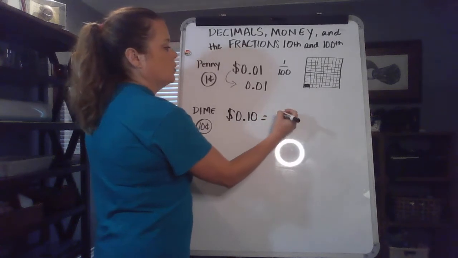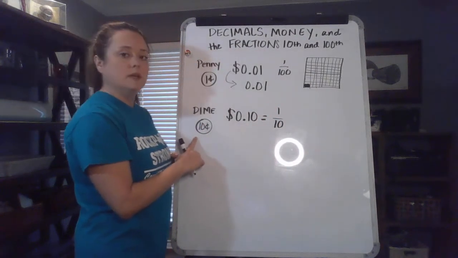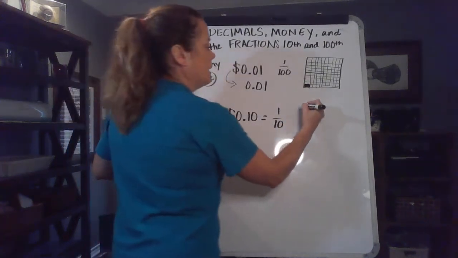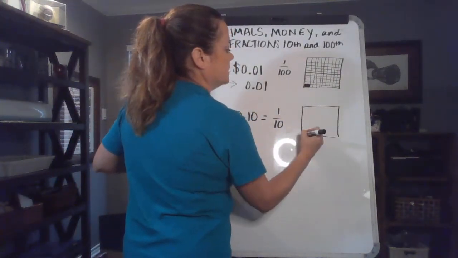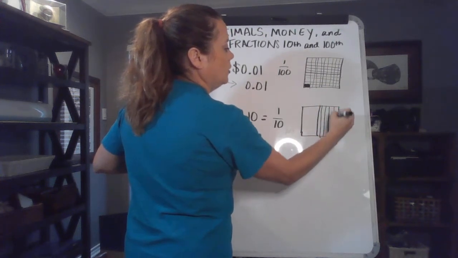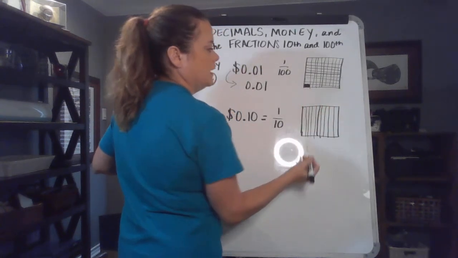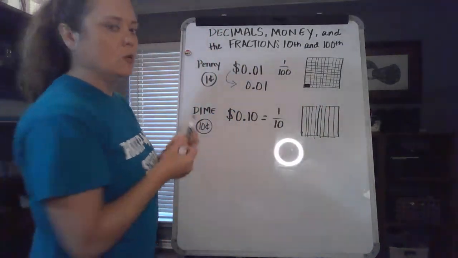This represents 1/10 of a dollar because 10 dimes make $1. My model is going to look like this. We're going to divide this one whole into 10 sections, and I'm going to shade one of those.